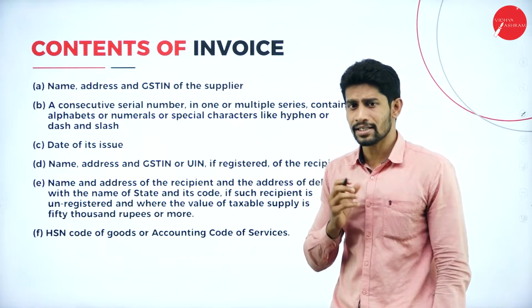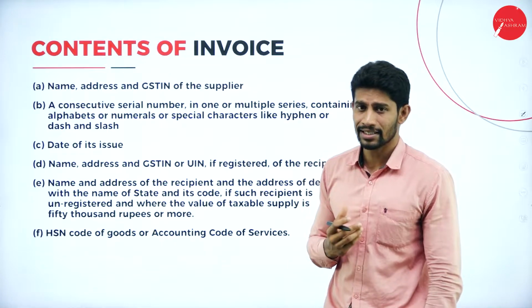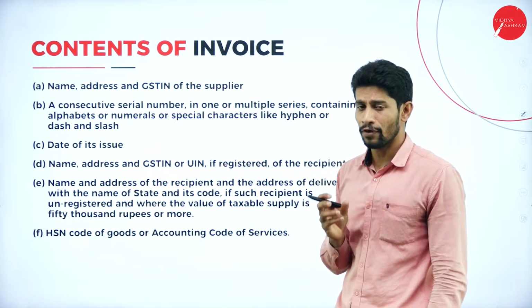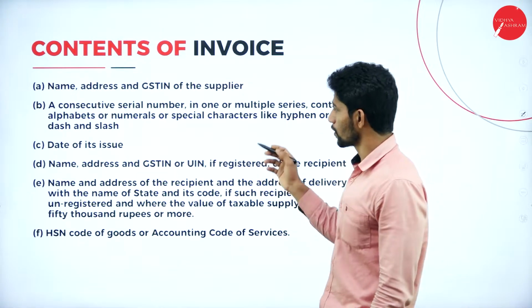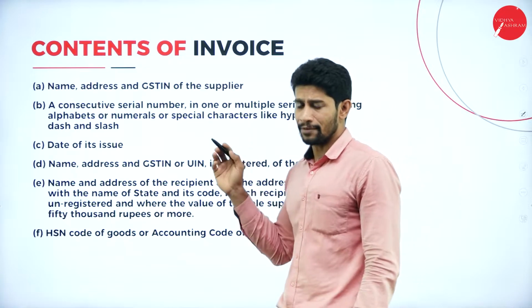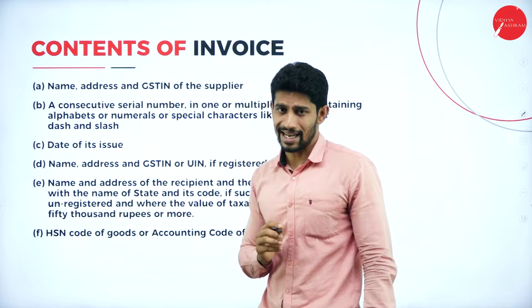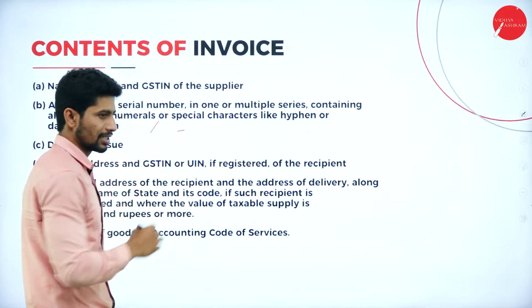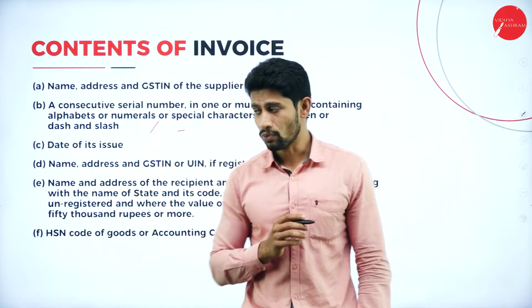The GSTN number contains an alphanumerical series, and you're also going to find different types of symbols like hyphen or dash or slash in the tax invoice.